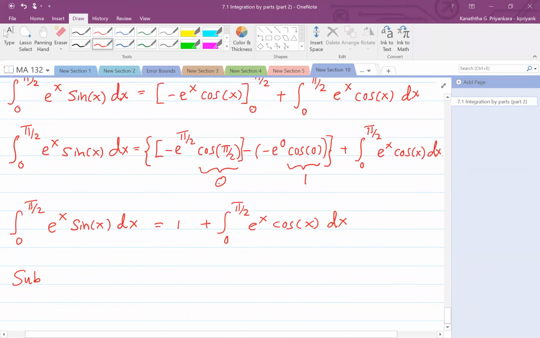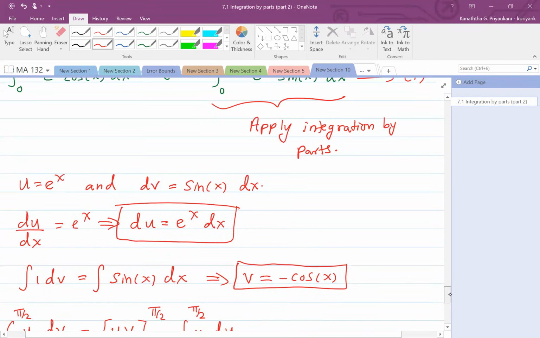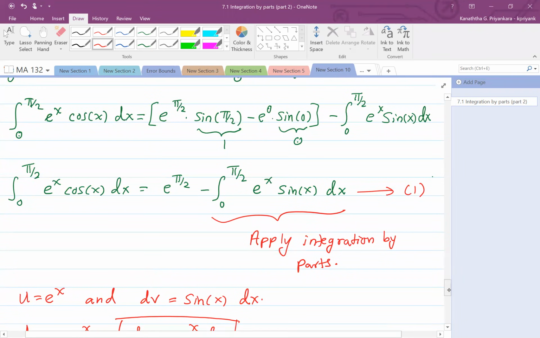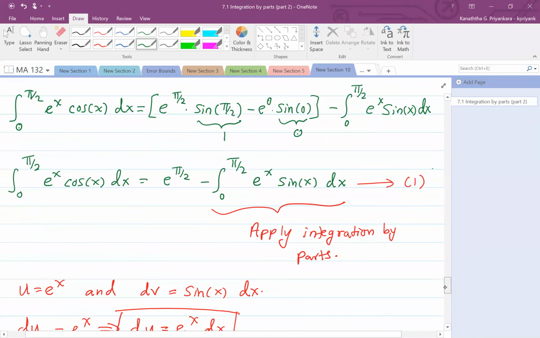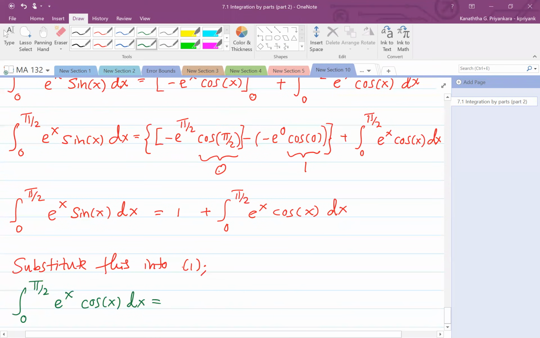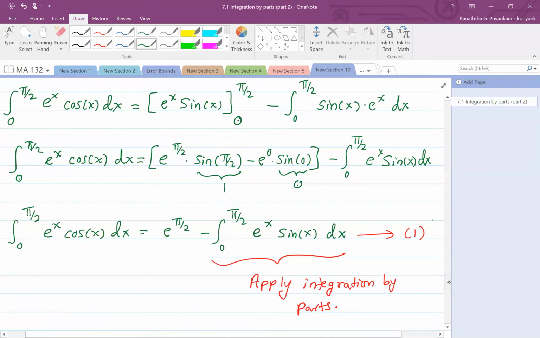So substitute this into equation 1. We have the integral from 0 to pi over 2 of e to the power x cosine x dx, which is equal to e to the power pi over 2 minus this integral.